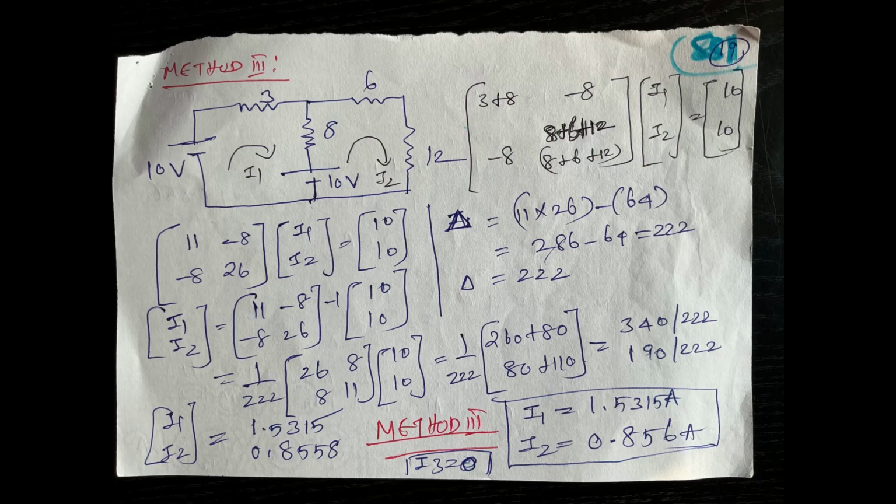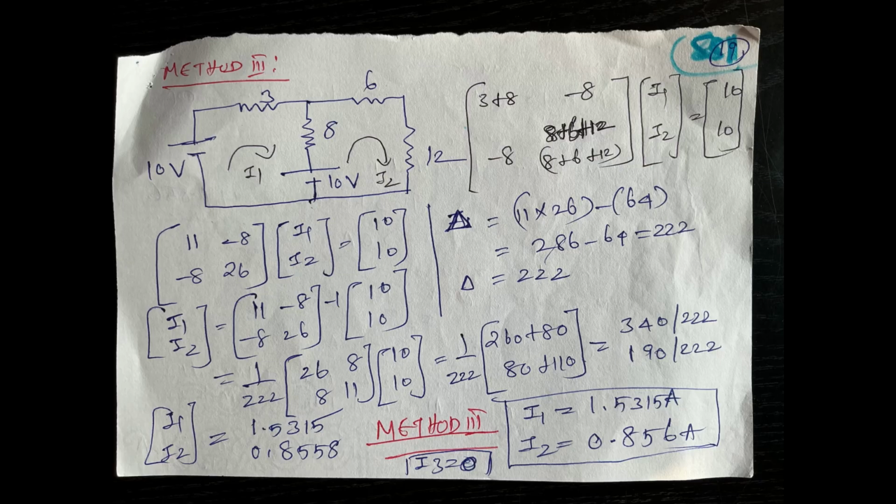Method 3: the circuit is shown, with two supplies considered, the first 10 volt supply and the middle supply. Put mesh currents I1 and I2. Mesh 1 contains 3 plus 8 ohms. Mesh 2 contains 8 plus 6 plus 12. The common element is 8, so put minus sign.